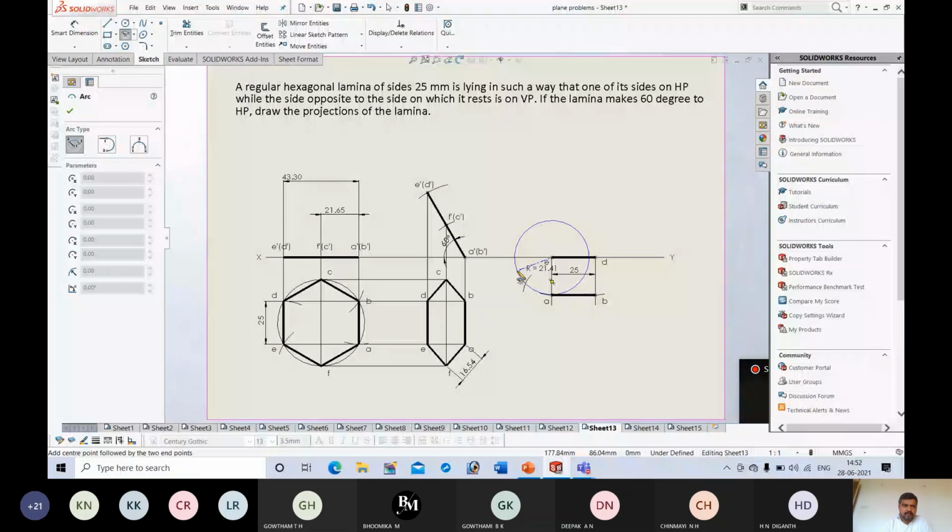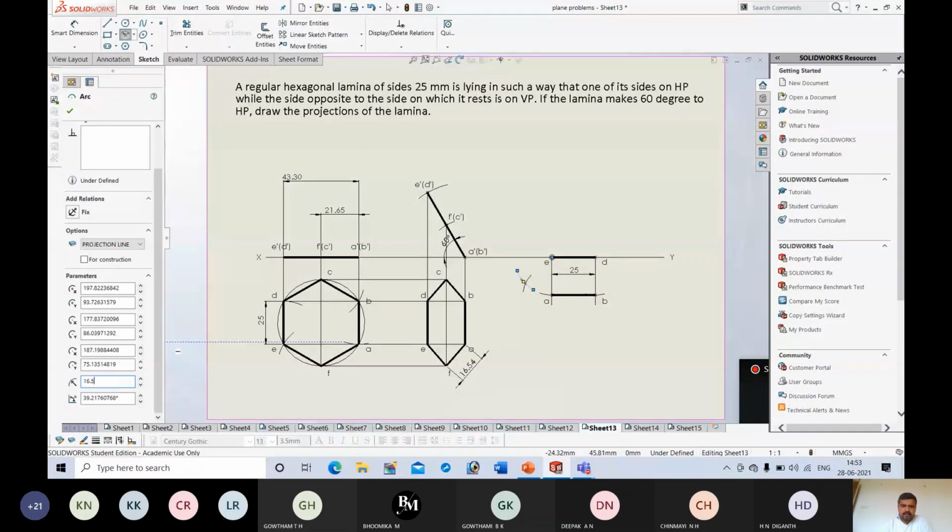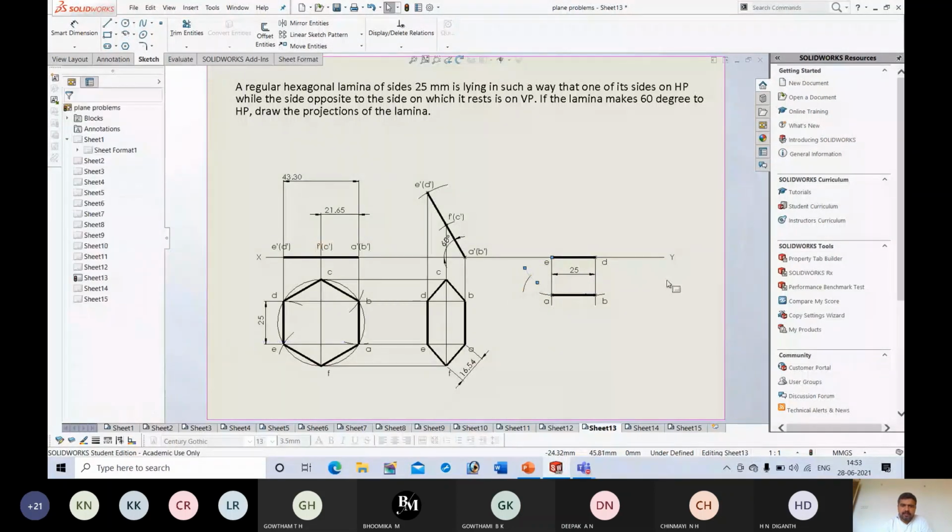Similarly, the radial distance between BC and CD will be equal to AF. With D as center and the same radial distance, I will cut an arc.